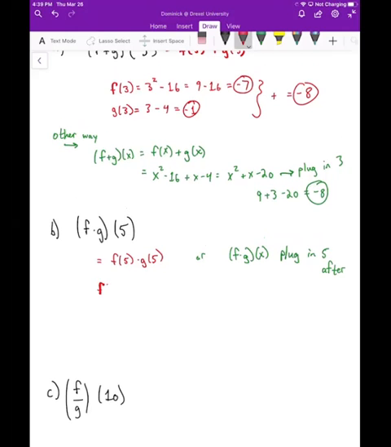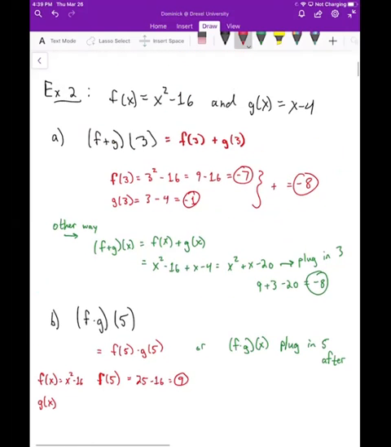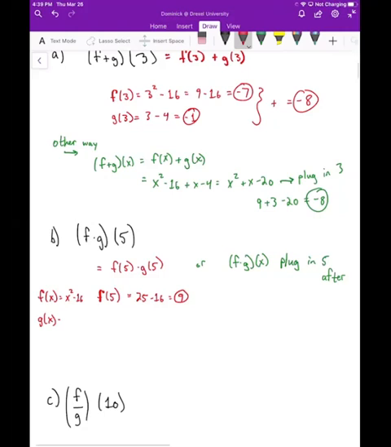So if we find f of 5, again, f of x was x squared minus 16. So if we plug in 5, we'll get 25 minus 16. So we'll get 9. If we plug in for g, and of course g of x was x minus 4, so we have g of 5 would be 5 minus 4, and we get 1.